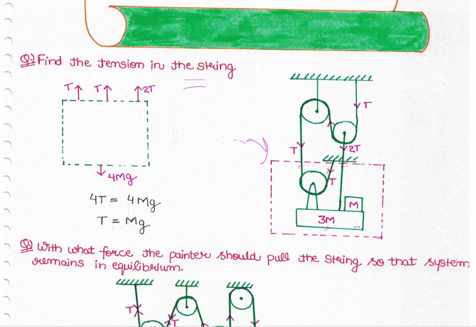So for this block we can write like this: T, T, 2T, and 3m plus m, that is 4m, and it should be along the center of the earth, that is the weight. W is equal to 4mg. So T plus 2T is equal to 4T is equal to 4mg, or T is equal to mg.